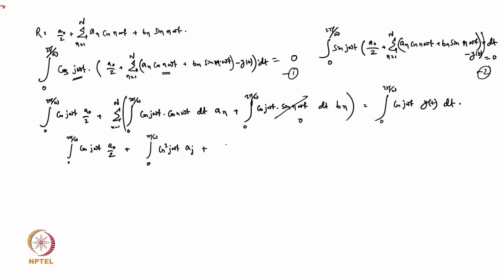Okay, so that part is gone, and dt here is with gt, and the integral from 0 to 2 pi by omega of cos j omega t y(t) dt. Now if I put j equal to 0, in that case what will happen? We will have 0 to 2 pi by omega, because that portion will become 1.